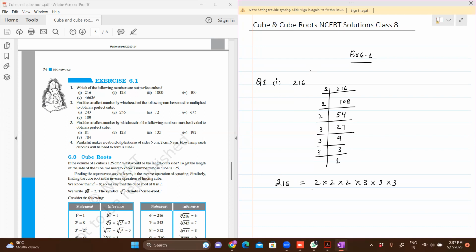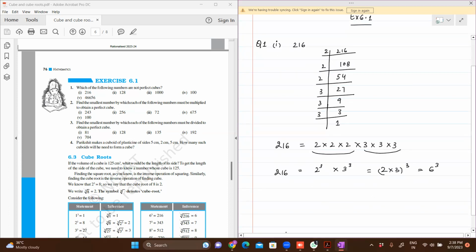You can see that 2 is there in a group of 3 and 3 is also there in a group of 3. So we can write 216 equal to 2 cube into 3 cube, which is equal to 2 into 3 whole cube, which is 6 cube. So 216 is the cube of 6. Therefore, 216 is a perfect cube.